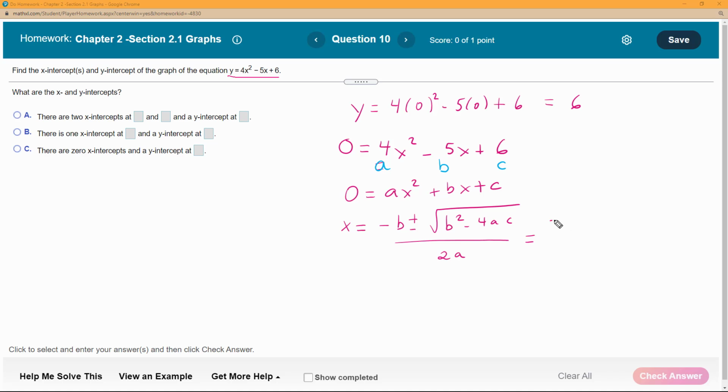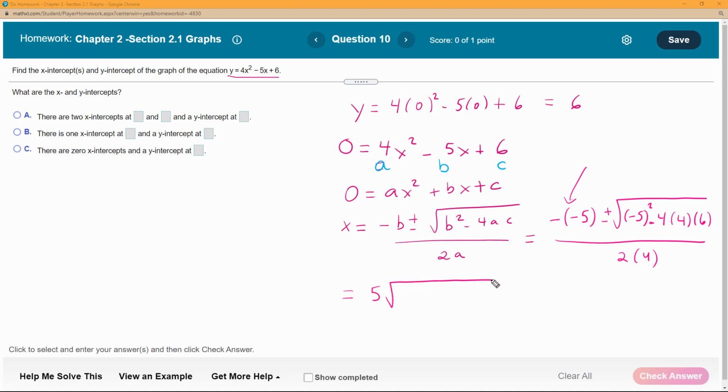So I have negative b, which is negative negative 5, plus or minus the square root of negative 5 squared minus 4 times a times c, all over 2a, which gives me a negative and a negative is a positive.